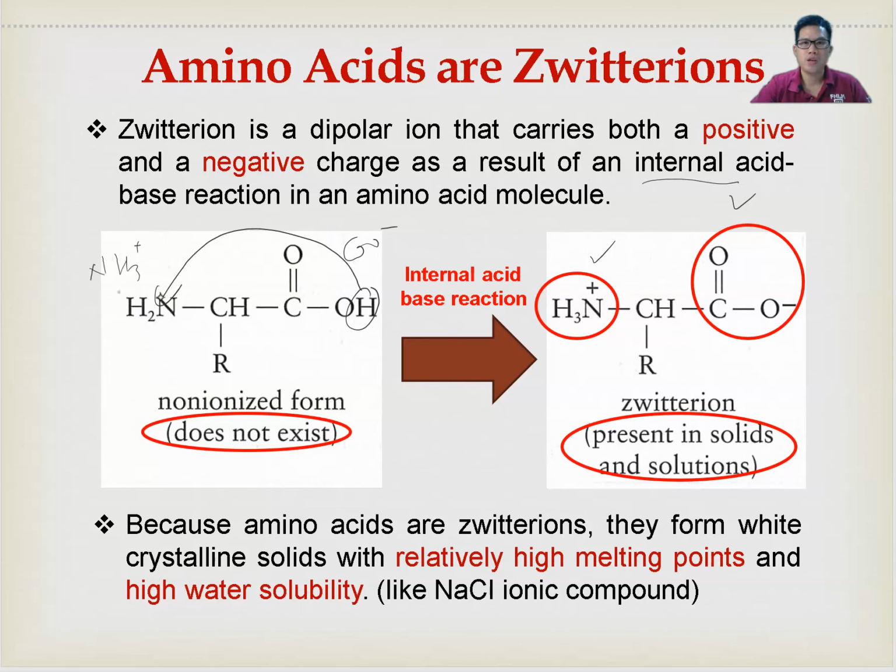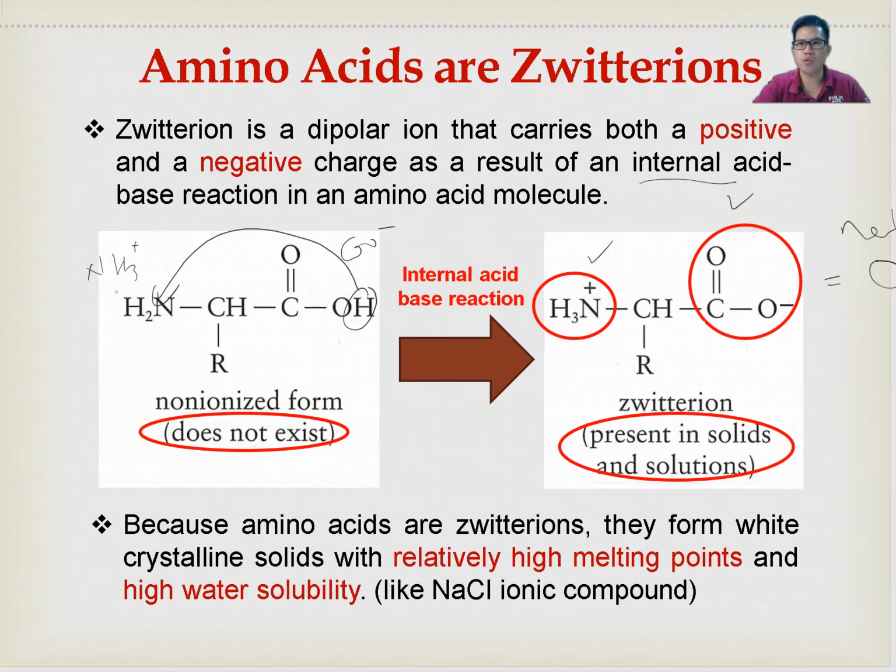For the zwitterion, we don't talk about the R groups. We assume the R group is neutral. So when the R group is neutral and this happens, the net charge of the zwitterion is 0. Amino acid zwitterions form white crystalline solids with very high melting points.